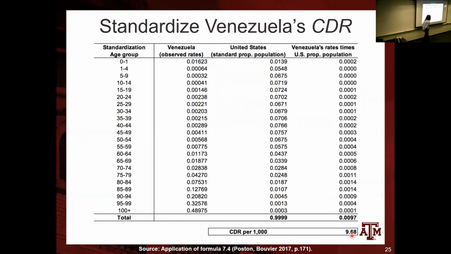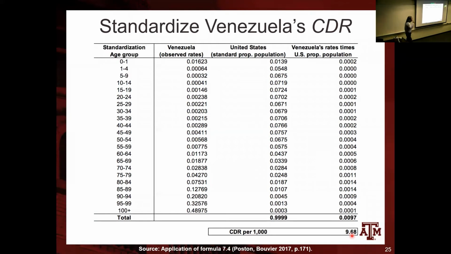So if I get the mortality levels in Venezuela, take into account the chance of dying by age group, and apply those chances of dying, mortalities from Venezuela, to a population with the same age structure as the US, 9.68 people would die per 1,000 people in that population.